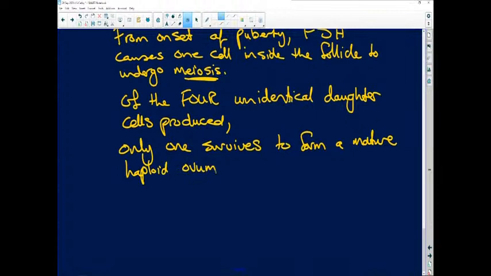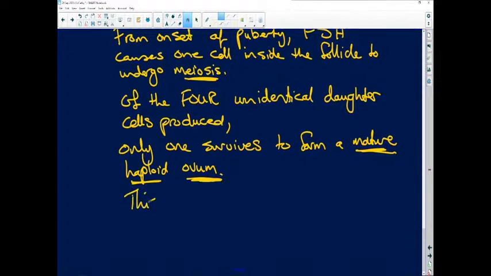Remember, the other 3 simply disintegrate. They're your polar cells, and they simply disintegrate. And the one that survives is going to form your mature haploid ovum, with one set of chromosomes.